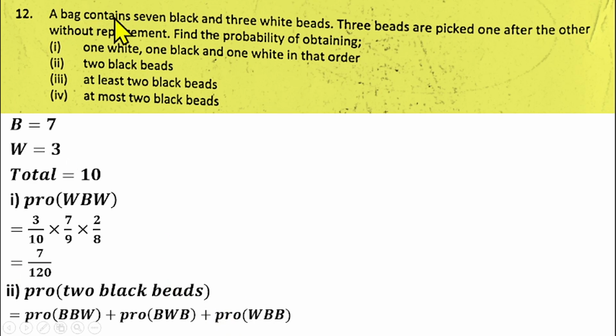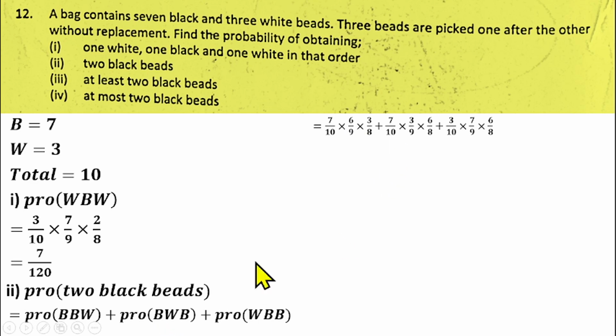Since they didn't say two black bits in that order, you can have black, black, white, where we are still having two blacks, or probability of black, white, black, where we are still having two blacks, or probability of white, black, black, where we are still having two blacks as well. So if you now put the values into the solution, the probability of the first black will be 7/10, multiplied by the probability of the second black, 6/9, multiplied by the probability of the white, 3/8.